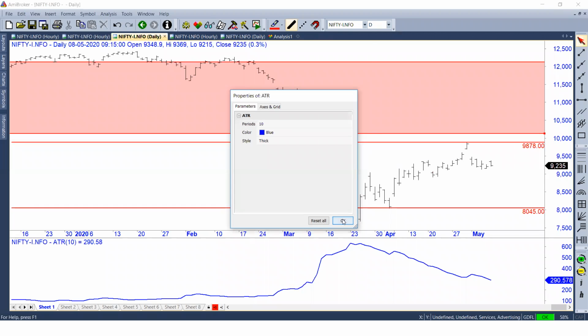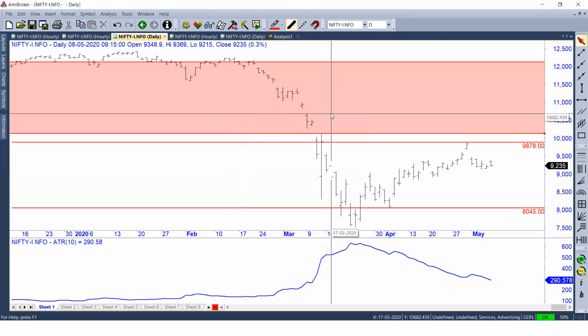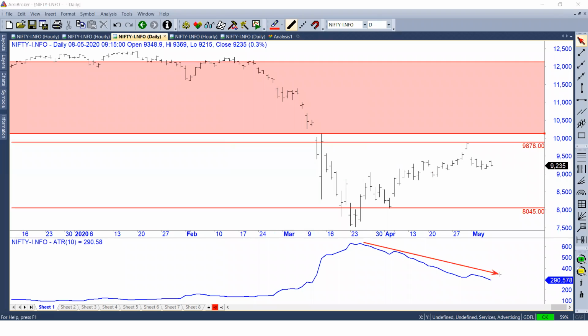So if you see the 10, the volatility is continuously on the declining path. It's been declining for quite some time now, almost 2.5 months. More than 2 months on a declining mode, which is controlled volatility. A lot of compression is happening in the markets.